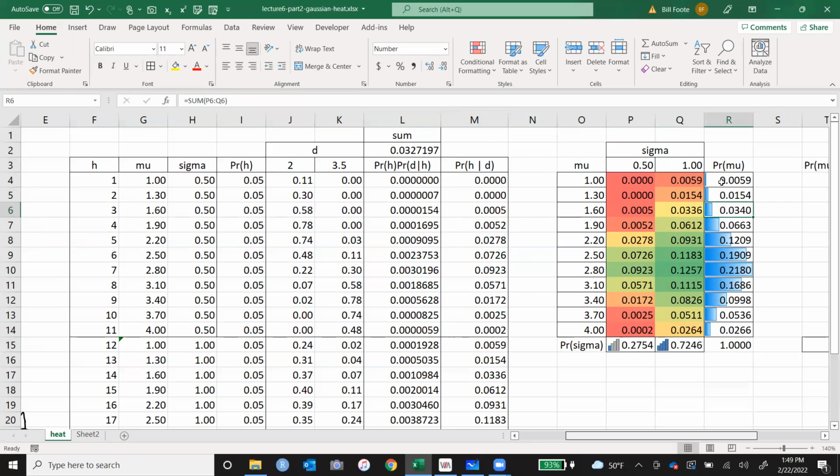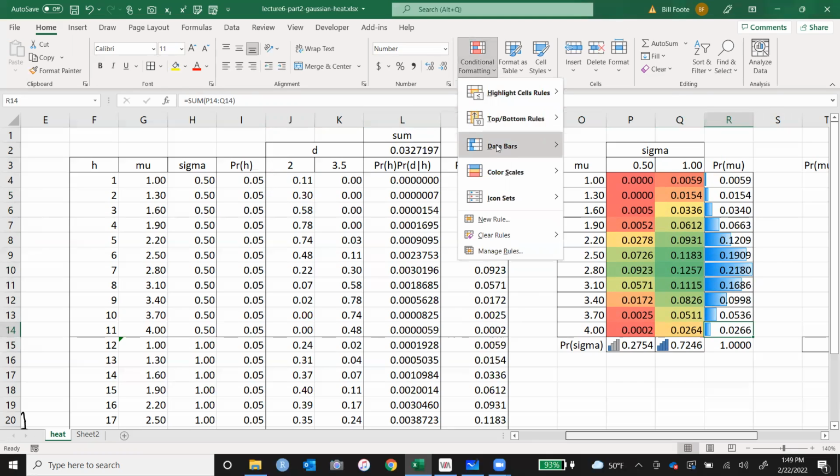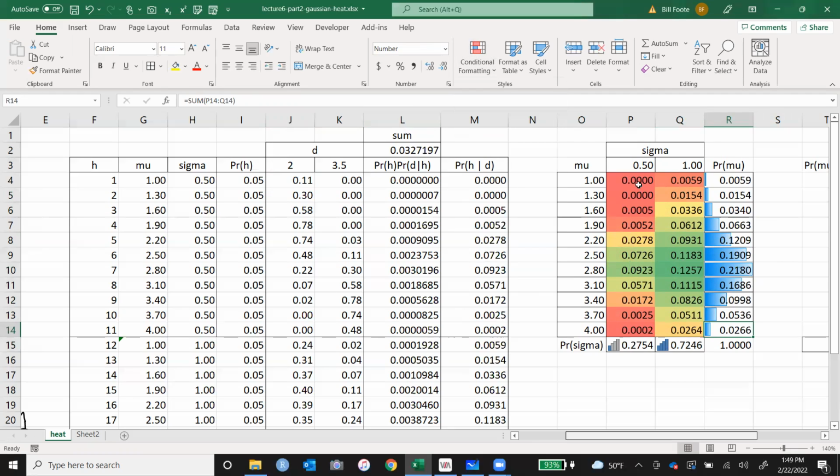visualized each one of these with something called conditional formatting up here, a data bar. Okay. And we did something which a lot of people would say is very misleading. Not to me. It looks like the heat map looks like it's cold in the middle and really hot at the end.